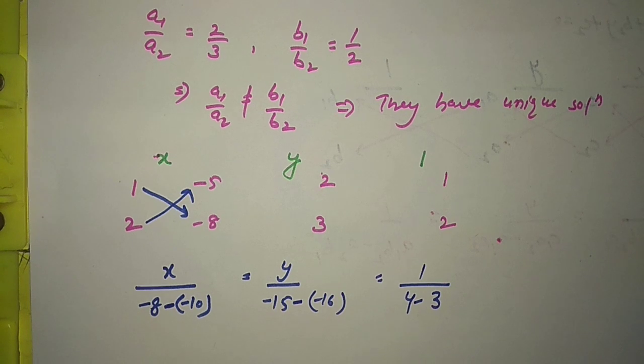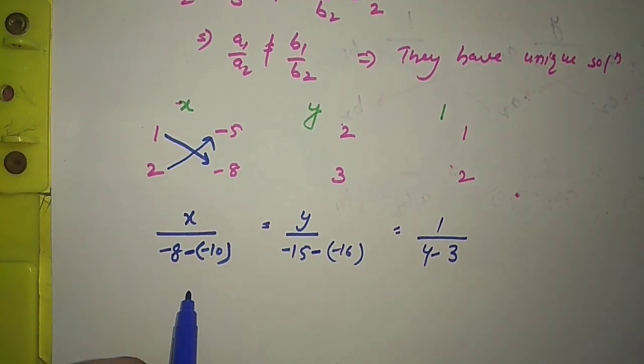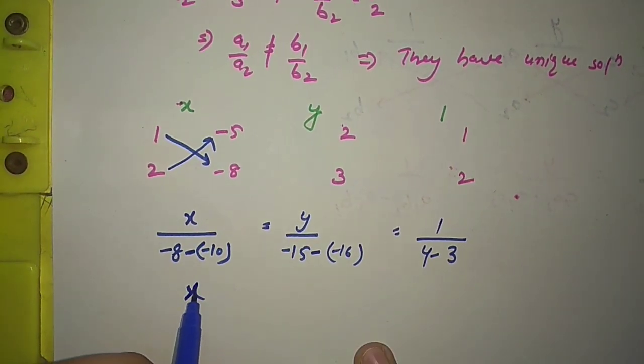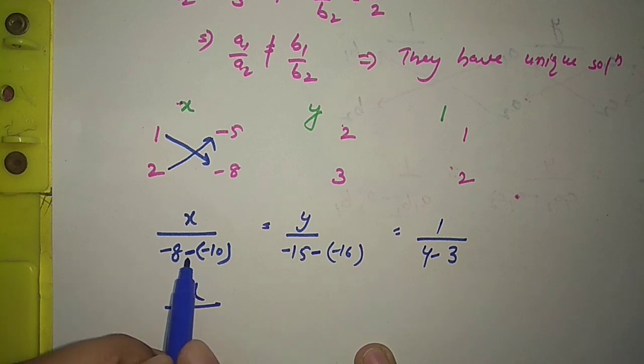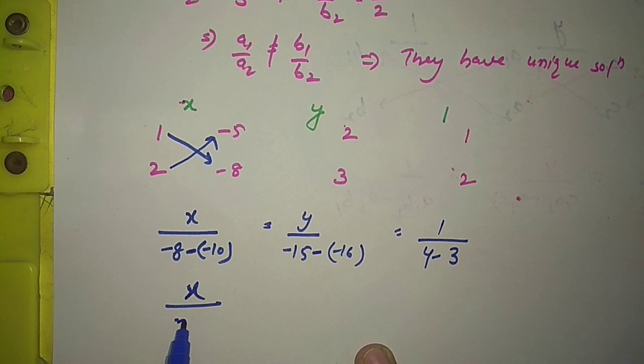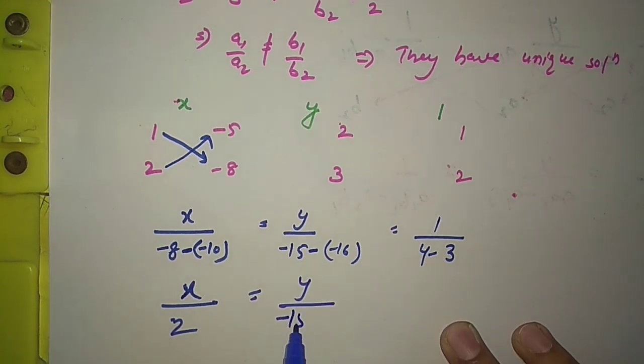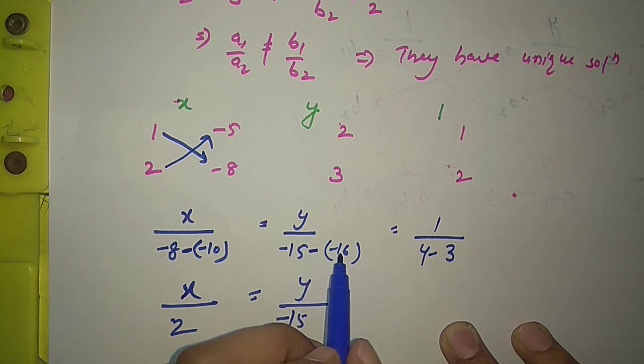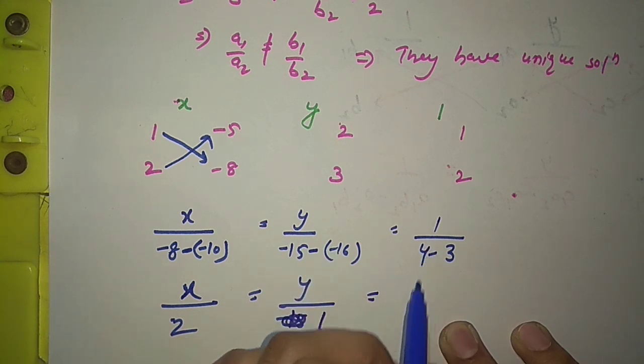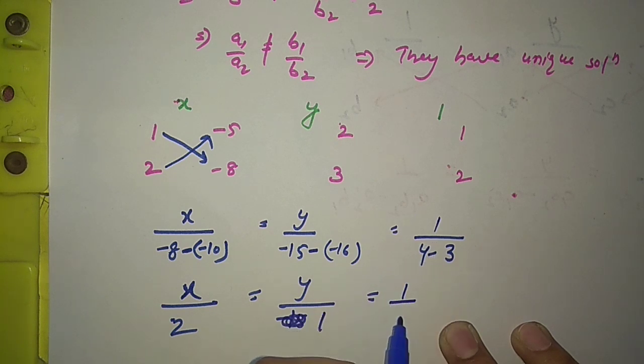So now again equating, x upon minus 8 plus 10, that is 2. So here we have y upon minus 15 plus 16, that is 1, upon 1, that is 4 minus 3 is 1.